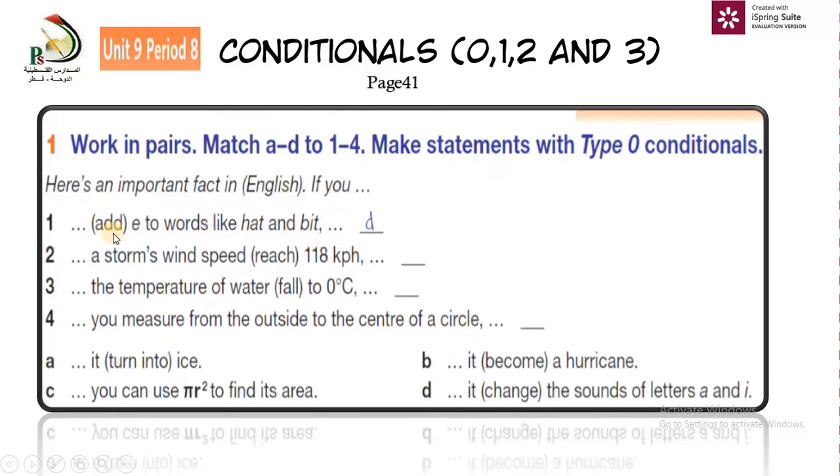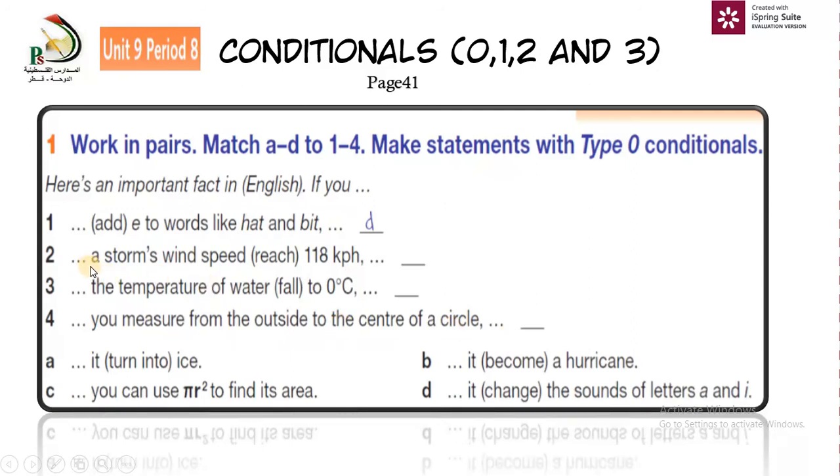Here it is. If you add E to words like hat and bit, it changes the sounds of letters A and I. Yes, hat will become hate and bit will become bite. So 1 will go with D. Come to number 2.